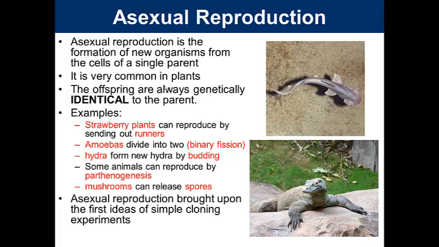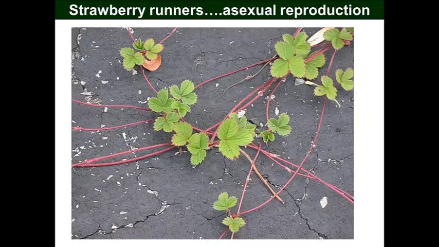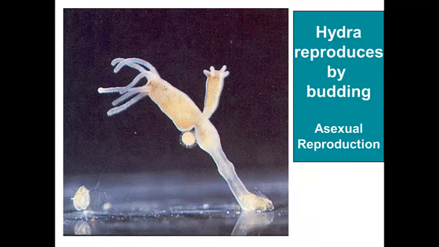Asexual reproduction first sparked the idea about cloning experiments. So people started to think, if this occurs naturally, can we make it occur in a lab, and can we profit from it? So here's some strawberry runners as an example of asexual reproduction. Here is the bud of the hydra.